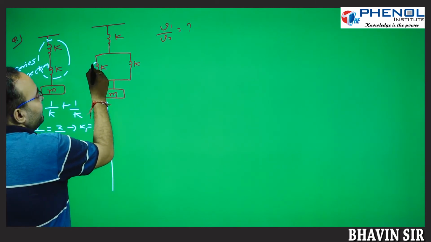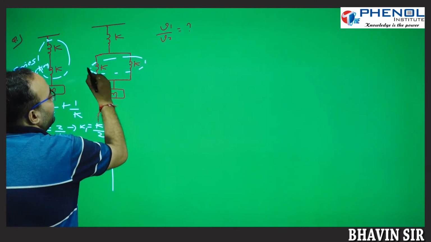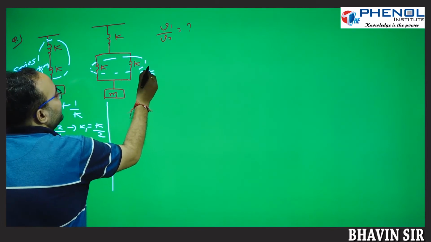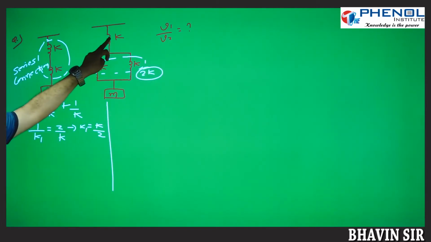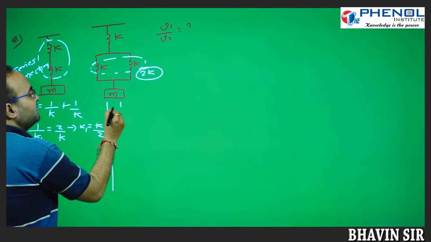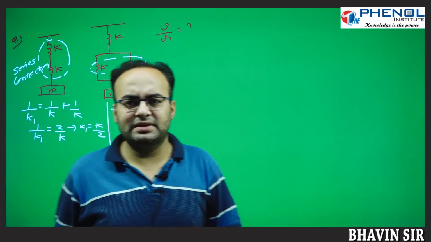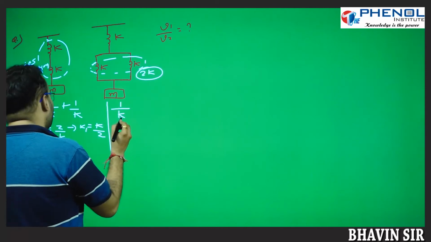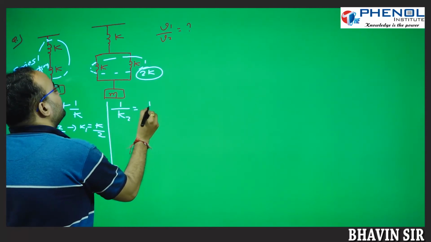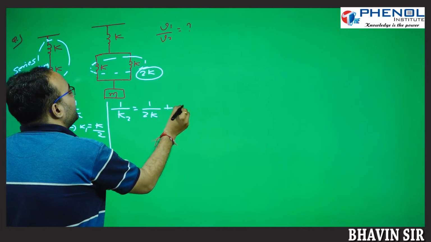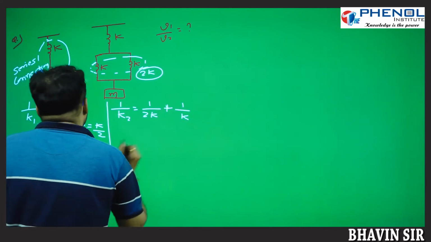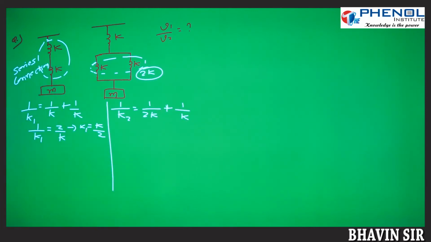Then here, what is the spring constant? These two are in parallel connection. So what is the answer for them? 2k. Then this k and 2k again are in series connection. So again reciprocal addition: 1 by 2k plus 1 by k.